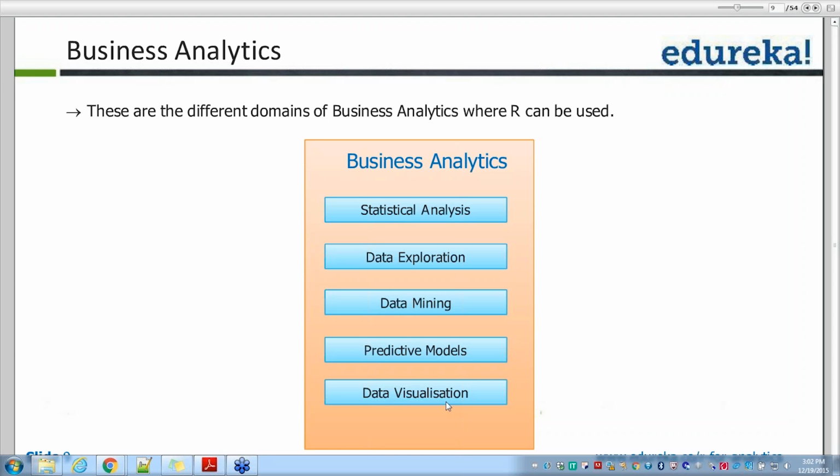And when I say discovery in the context of data mining, what I mean is that it involves understanding the inherent or the underlying structure in a data set without relying on any response or a predictor variable. So I've just brought in a new term, a response or a predictor variable.